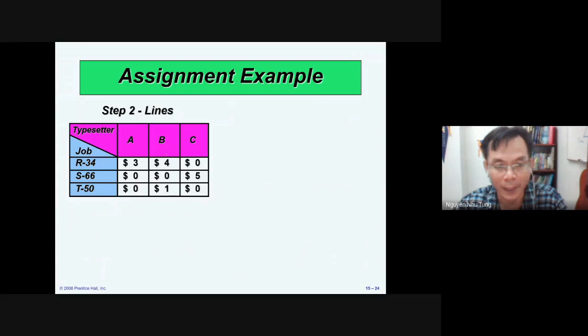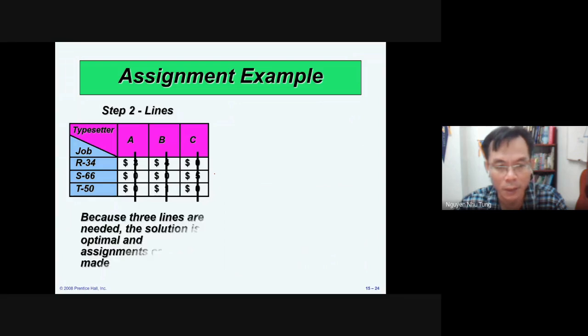Column A, 2 zeros, good, so cross it. B, same, C, same. Now you count the number of lines, which is 3 now, 1, 2, 3, equal to the number of columns, so now the solution is optimal.